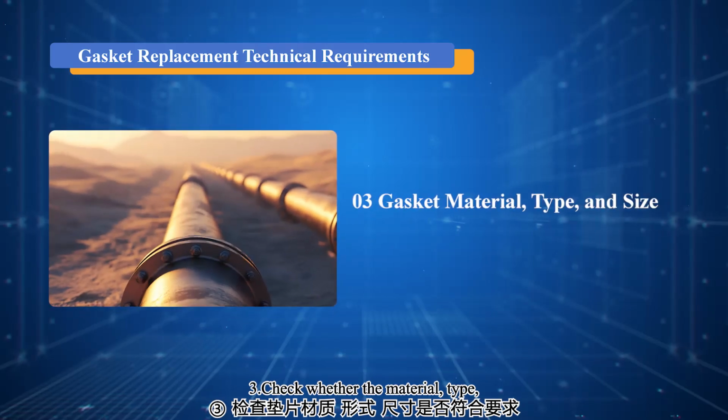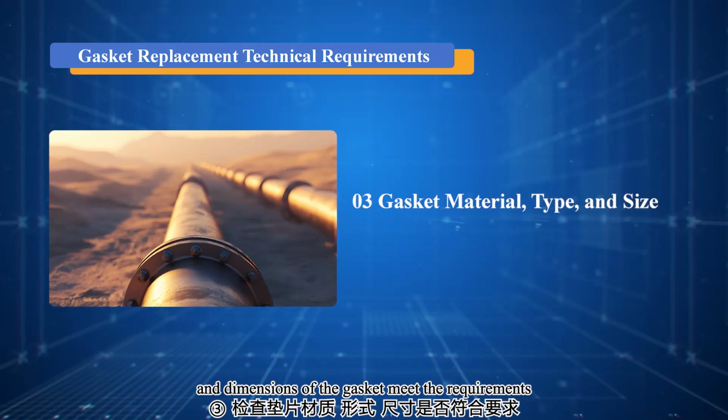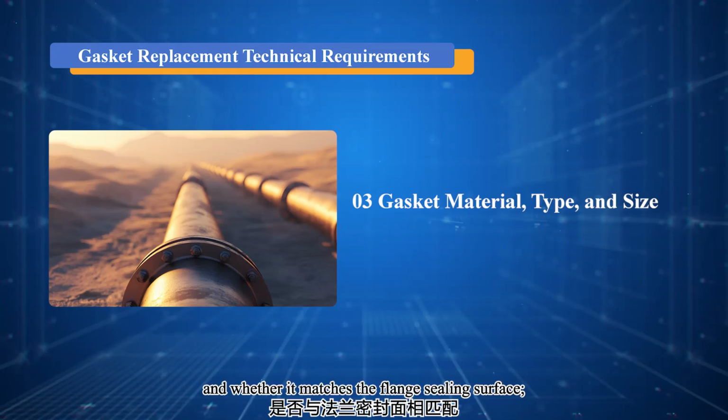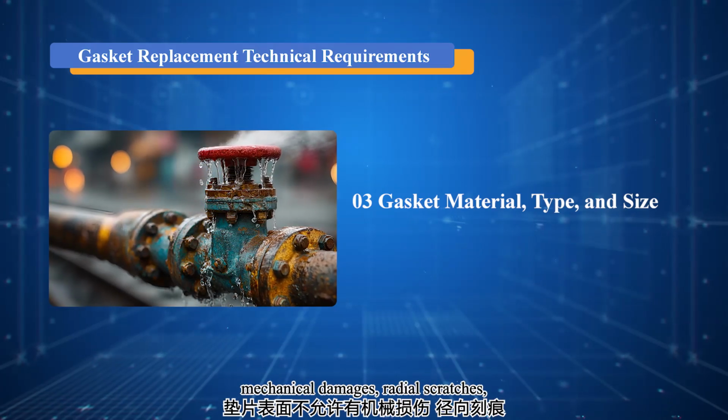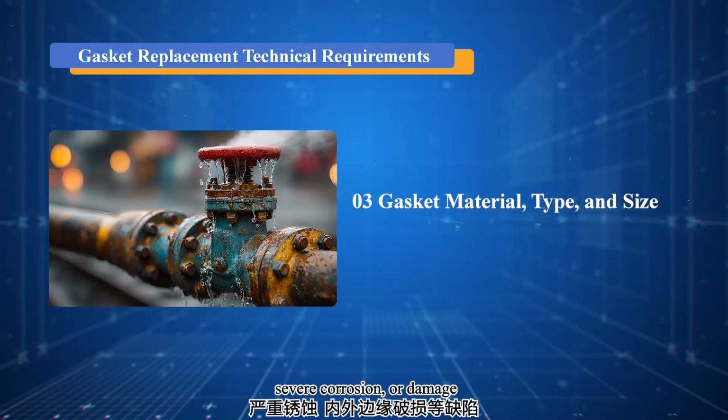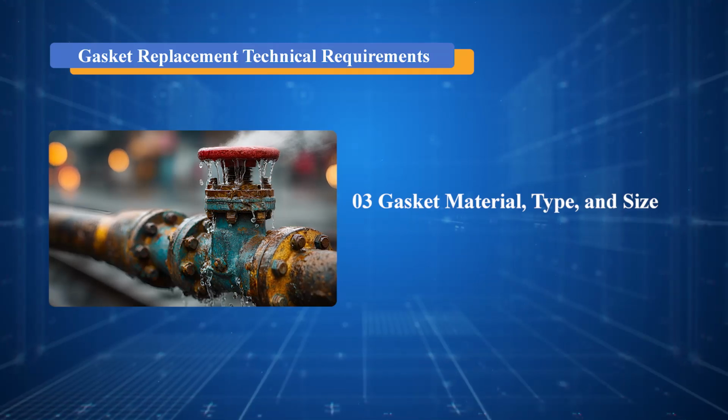Third, check whether the material type and dimensions of the gasket meet the requirements, and whether it matches the flange sealing surface. The gasket surface should not have any mechanical damages, radial scratches, severe corrosion, or damage to the inner and outer edges.